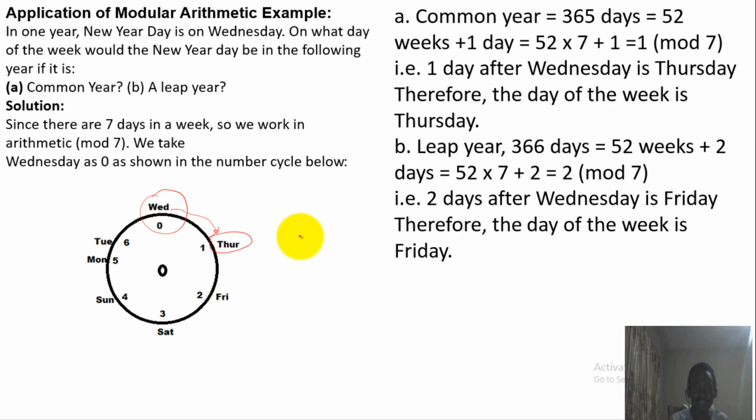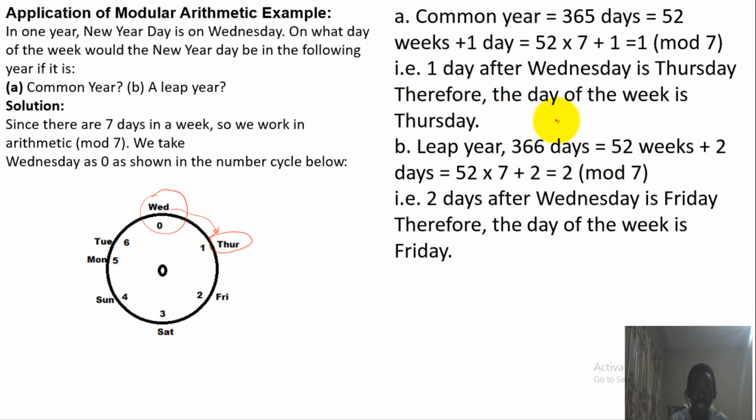Therefore, the day of the week is Thursday for the common year. They asked on what day of the week the new year day will be; it will be Thursday, because it has 1 remainder.